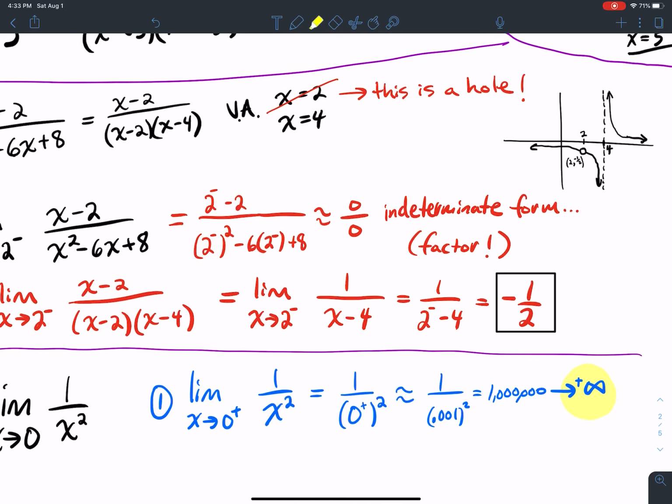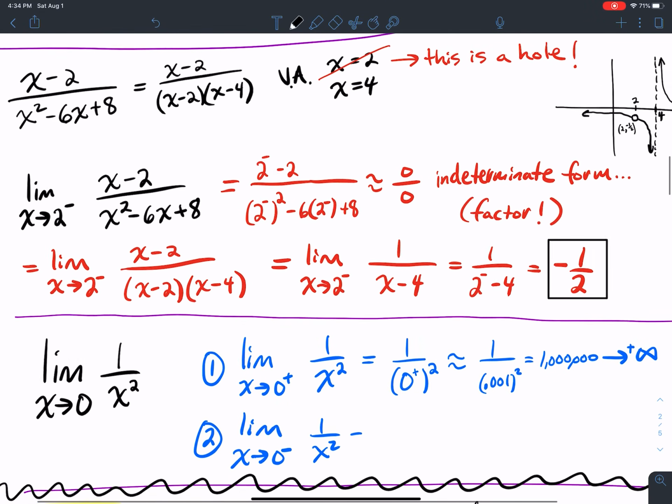The squiggly equals is not exact notation. For better notation, you could say 1 over positive 0, and that gets you positive infinity there.